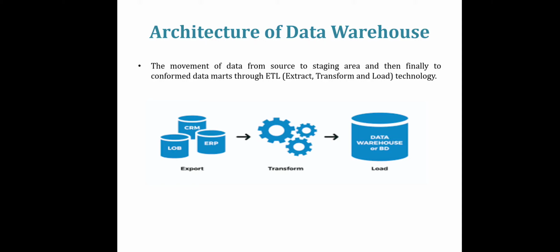That should be non-volatile data, right. We have to update that data timely. So these are the processes of ETL, that is extract, transform and load. So whenever we are designing our data warehouse, the data in our data mart should go through this ETL process.